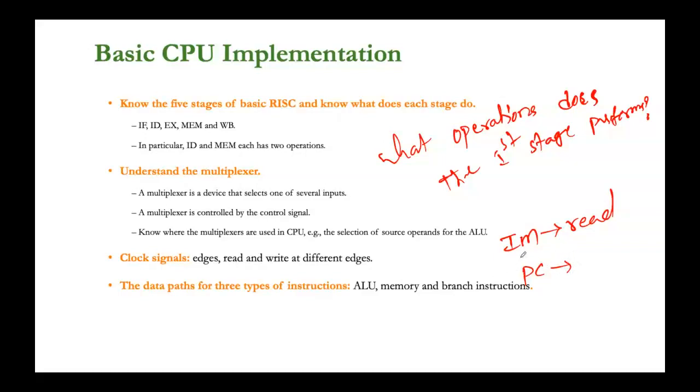So you must write the instruction memory read operation and the program counter increment, or you can simply write program counter increment, like PC plus 4. If you write the answers like this, that will be accepted.